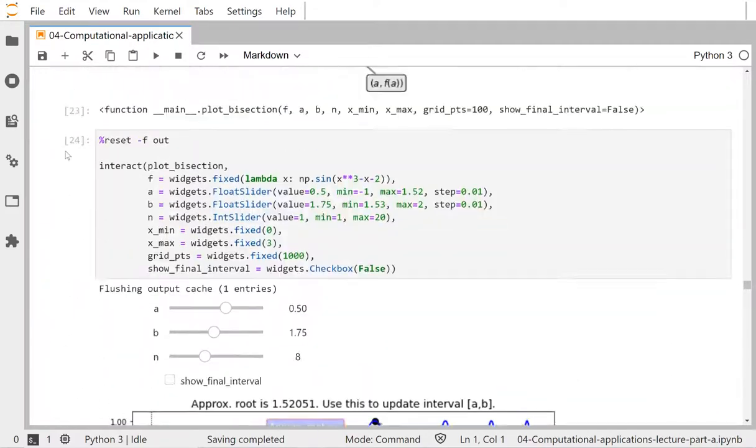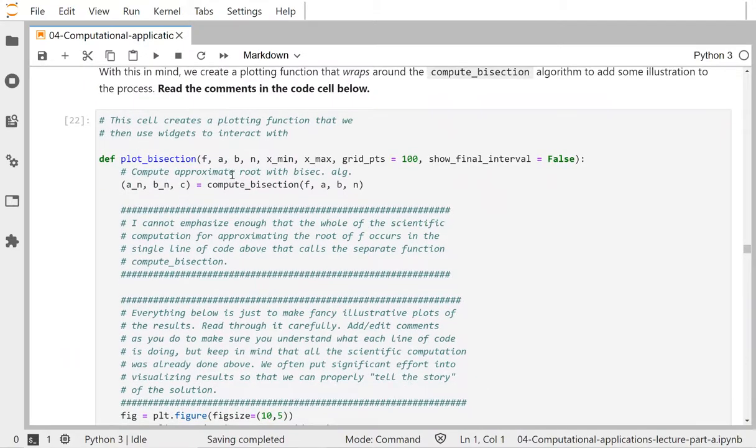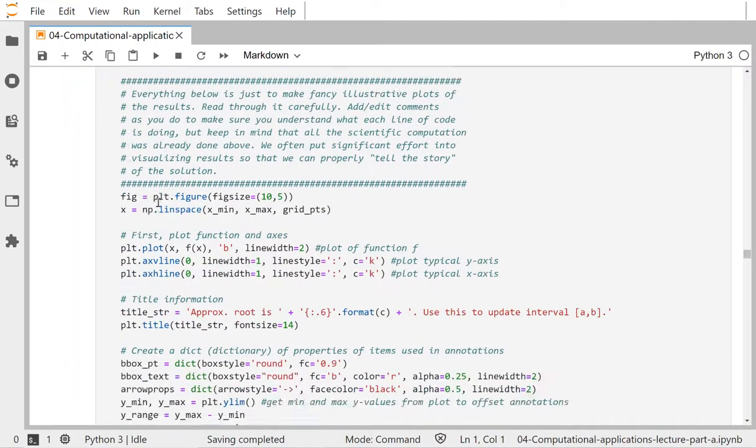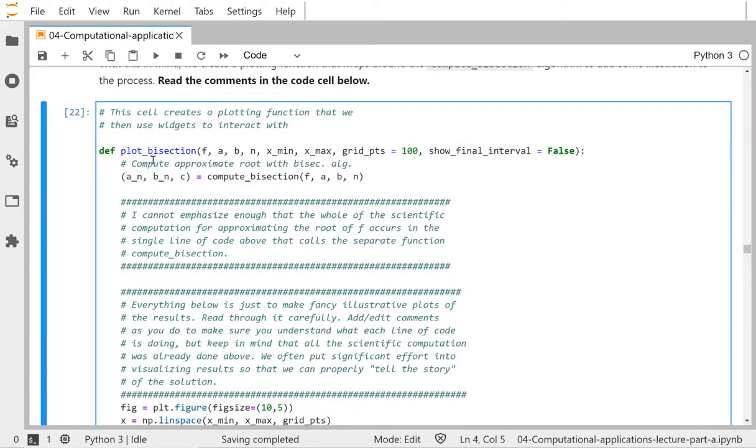The way I would do it is I would copy and paste this chunk of code from this function here. You would rename it improved plot function after you copy and paste it. And then you need to include additional parameters of tol_interval and tol_f into it. And then you need to pass those into here.